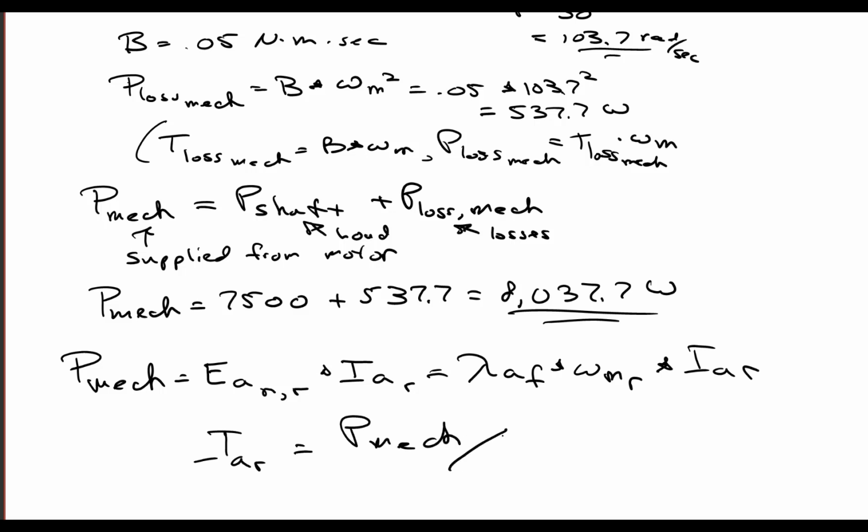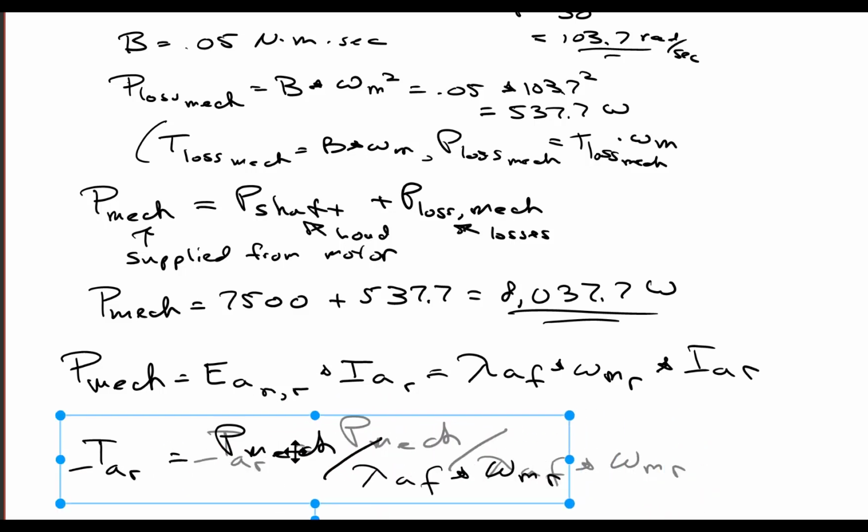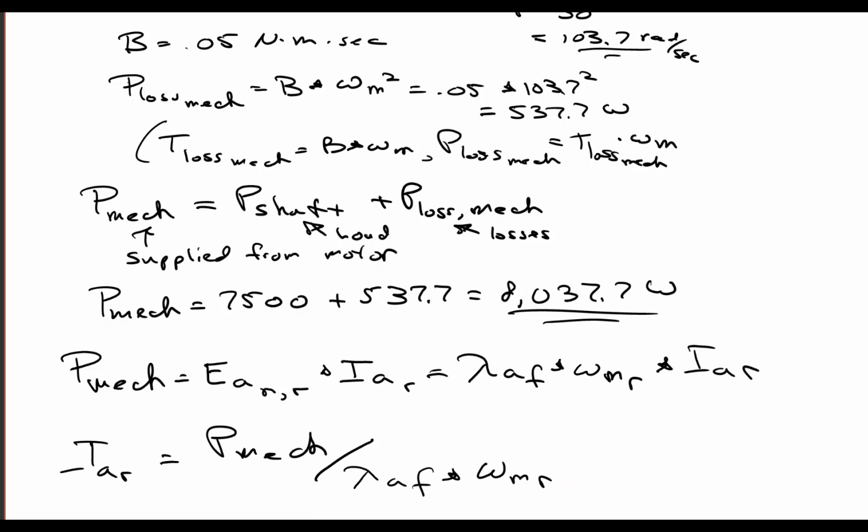So I'm solving for I_A rated here. It's P mechanical divided by lambda AF times the omega MR. That's going to be equal to 8,037.7.